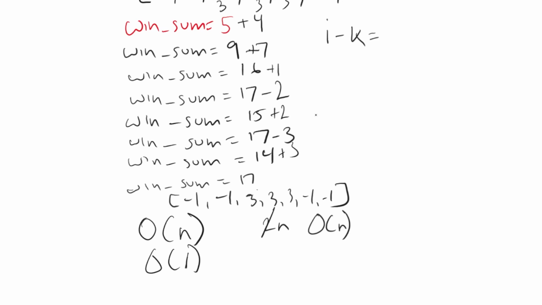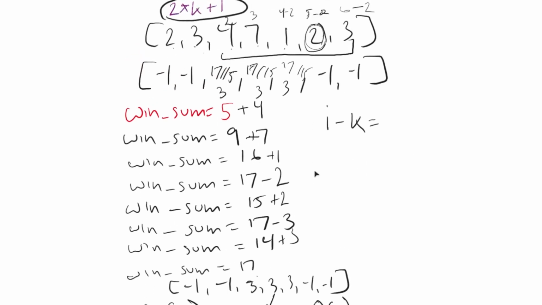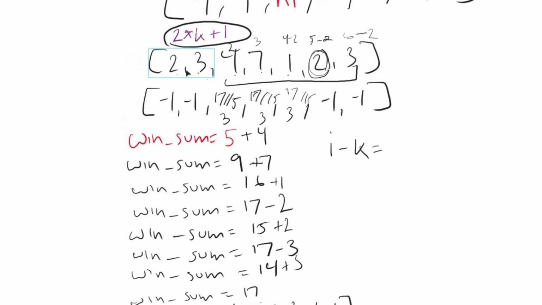If you look at our sliding window, we only ever go over every number, in terms of adding or subtracting from the window, at most twice. This is demonstrated when we're adding these first two numbers, this 2, this 3. We added them to our window, but then also we subtract them once they get out of the window.